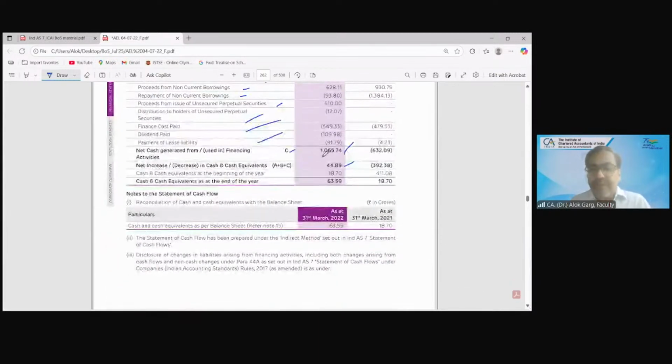That is why their entire movement of cash flow is only 44 crores during the year, right? And when you add the entire movement during the period to the opening, it will give you closing cash and cash equivalents.